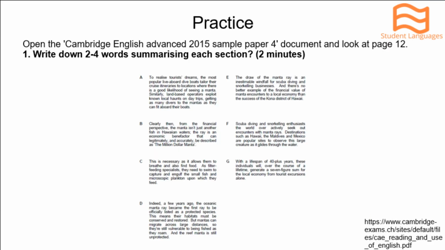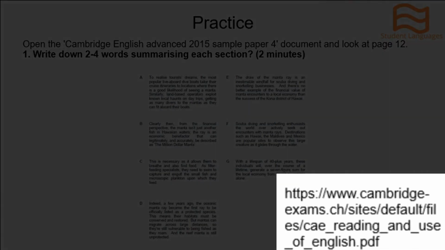So let's practice this. What I'd like you guys to do is to open the Cambridge English Advanced 2015 sample paper 4, which you can do if you type this web address into your internet browser.